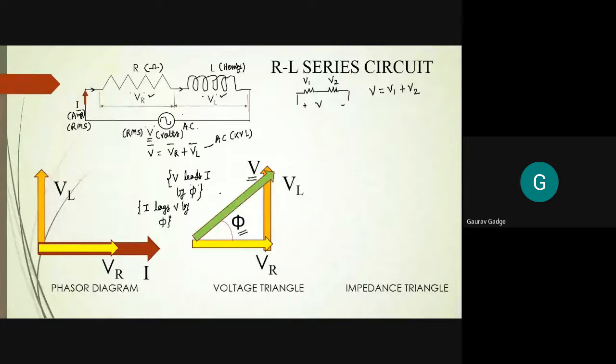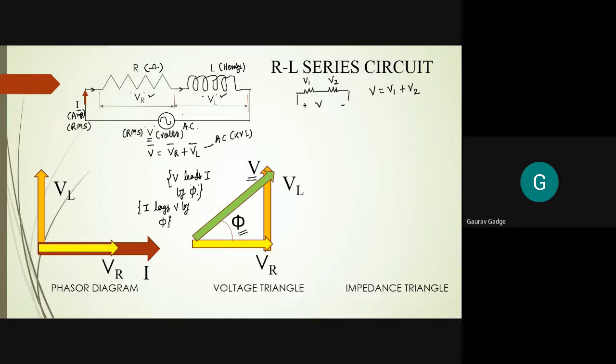So if we have a pure inductor, it is 90 degrees. But when we have impurity in the inductor, if you add resistance to the inductor, like in this case, R and L both are connected in series. So listen very carefully.